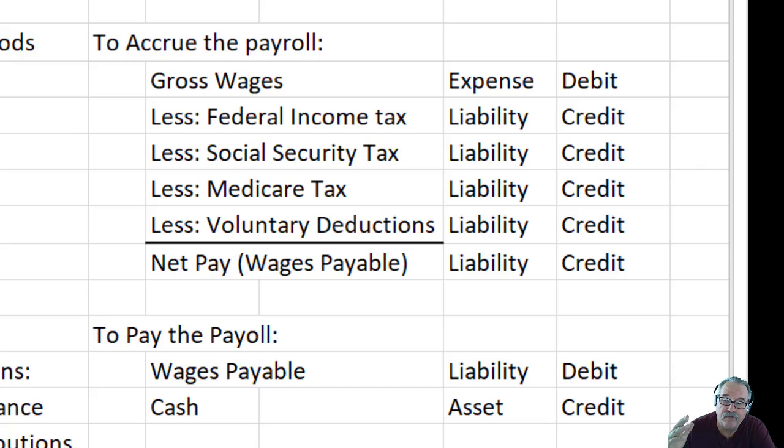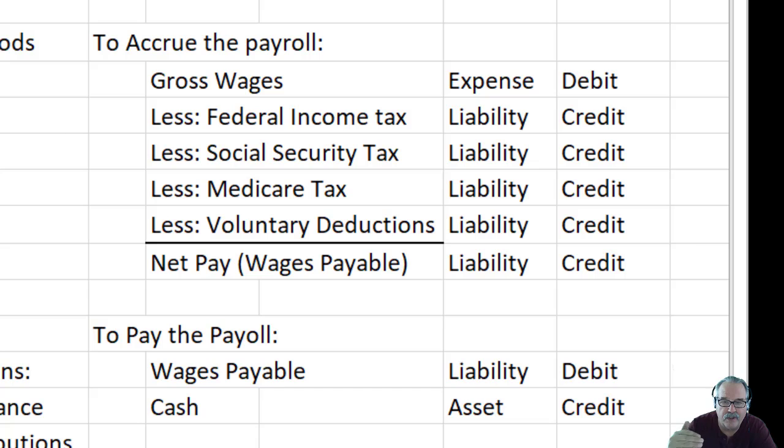And so from an accounting standpoint, when we accrue the payroll, when we calculate payroll for a period, we calculate the gross wages. That becomes a debit to an expense account. It could be one expense account for wages expense, or it could be multiple ones if we have different categories of wages, like warehouse wages or sales wages or administrative wages or something like that.